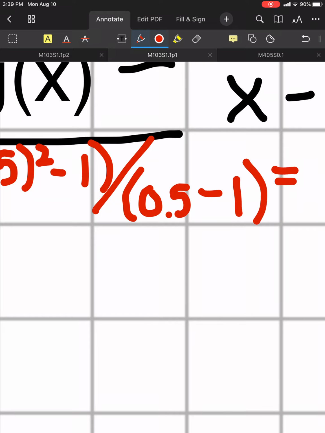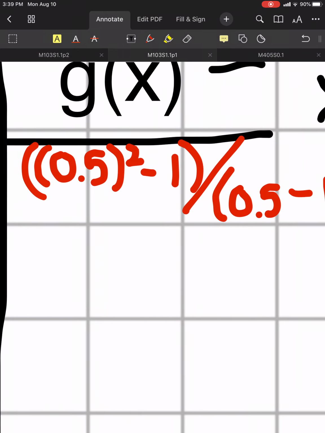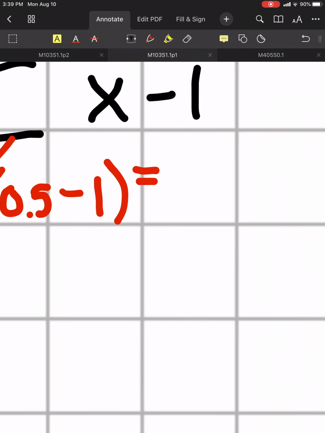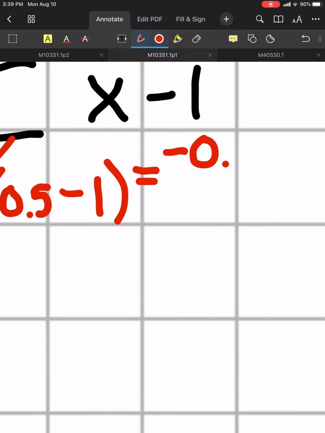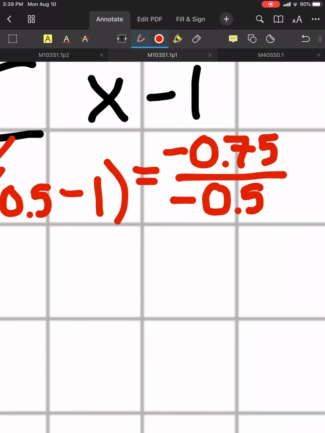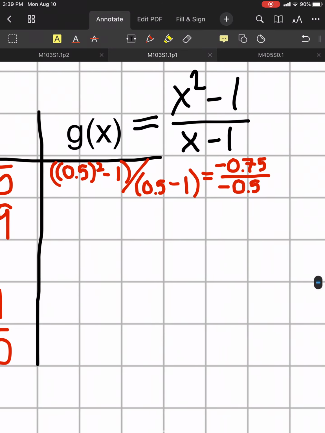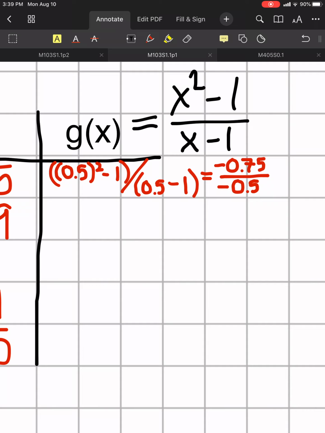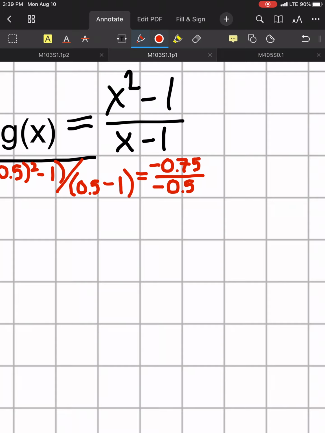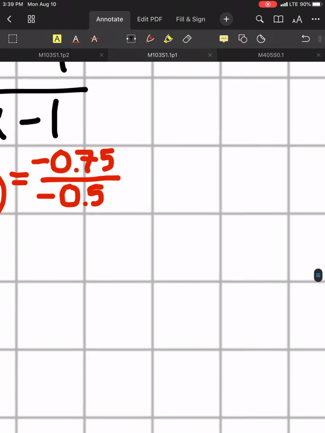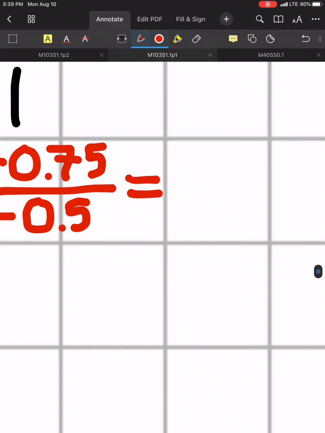I'm only going to do this first one out the whole way. 0.5 squared is 0.25 minus 1 gives us negative 0.75 over 0.5 minus 1 is negative 0.5, and that can be not the easiest thing in the world to do in your head. One way to do it is you remember the top is 3/4 and the bottom is 1/2, and just divide fractions, and the negatives cancel because you don't have to worry about that. But in any event, you get what we find to be 1.5 here.